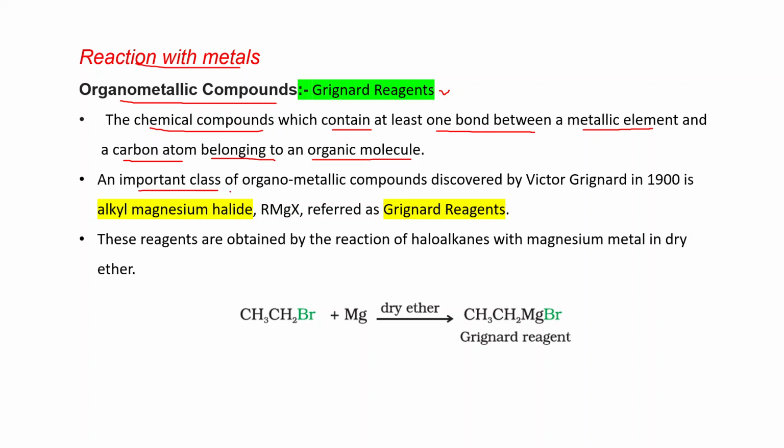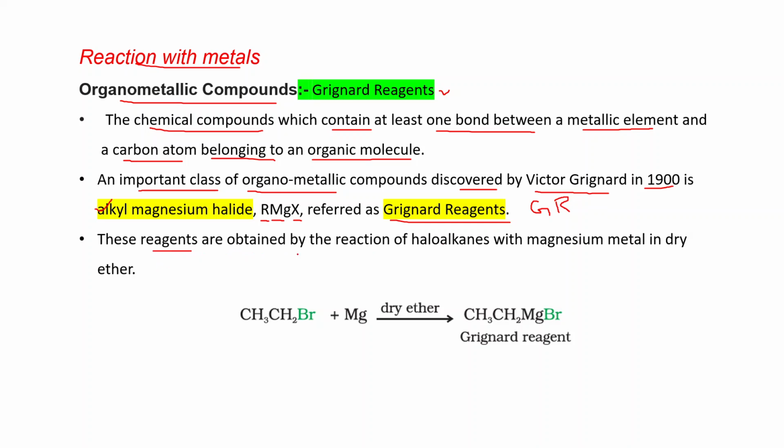An important class of organometallic compounds discovered by Victor Grignard in 1900 is alkyl magnesium halide, that is RMgX, and these are referred to as Grignard reagents. Okay, and in short form you can also write GR.